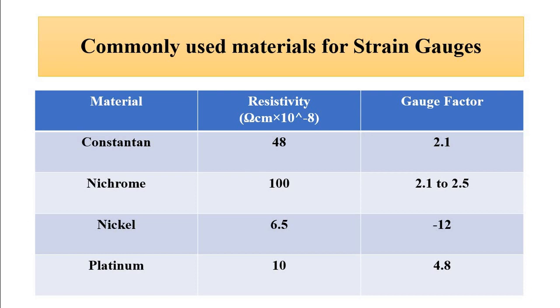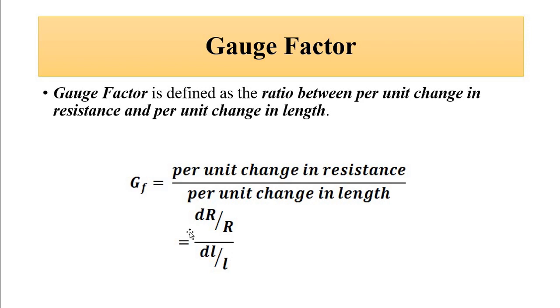And then nichrome, it is 100, and the gauge factor is 2.1 to 2.5. Okay, and nickel has resistivity 6.5 and gauge factor minus 12, and platinum has resistivity 10 and gauge factor 4.8. Okay, so this is the whole thing.